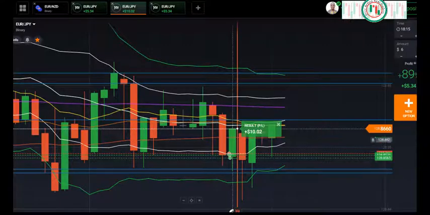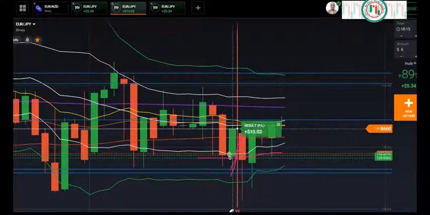I know if I leave it in put option, I will get a losing trade. So that's why I decided to place a call option twice. So that's why I place my trade call option after the market comes to this level, because I know definitely the market must go up.